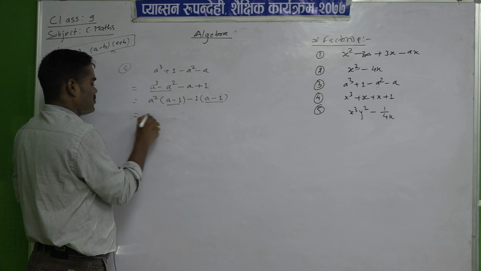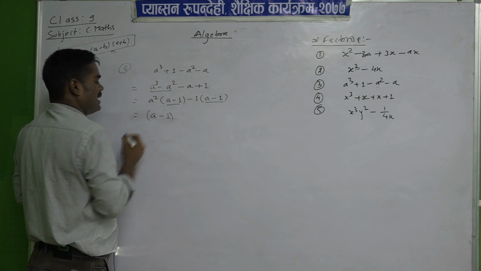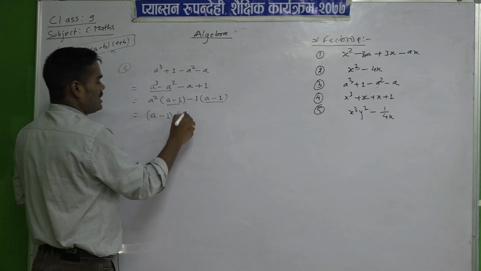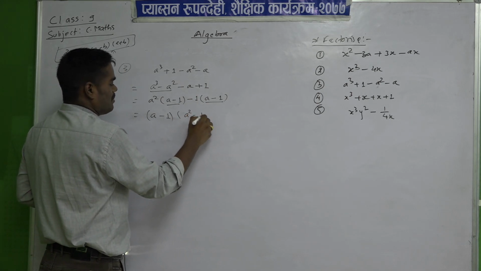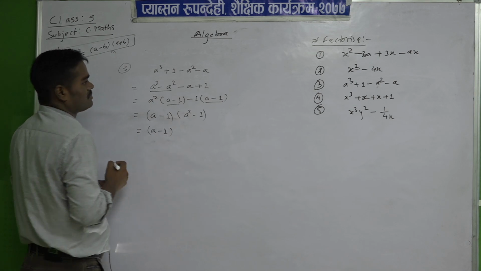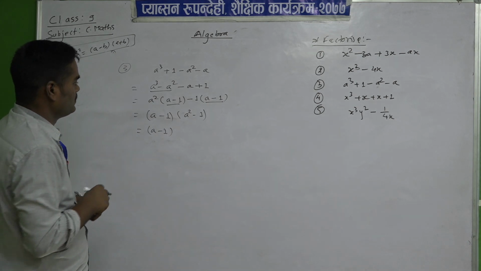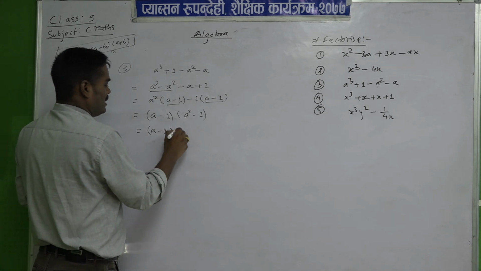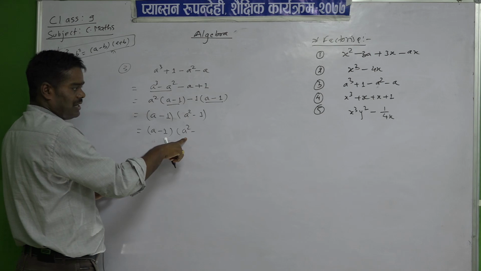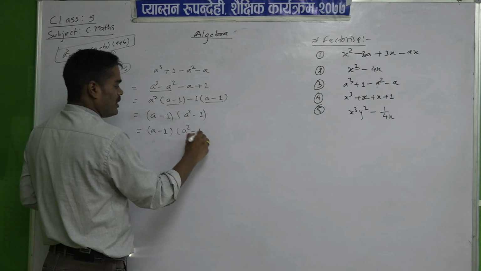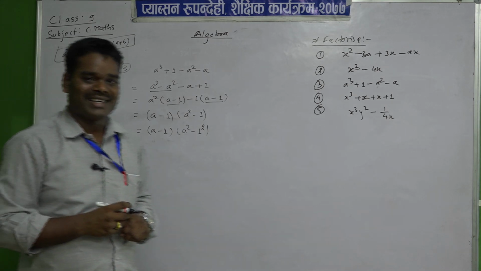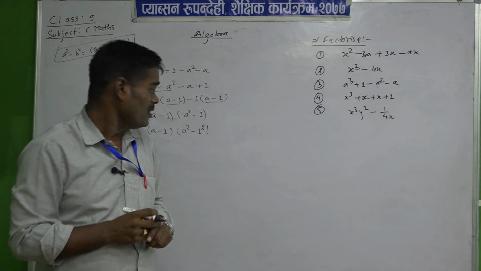So a minus 1 is common between the 2 terms, and what is left here is a square minus 1. A is already given in square form, and we can write 1 as 1 square, because the square of 1 is also 1.